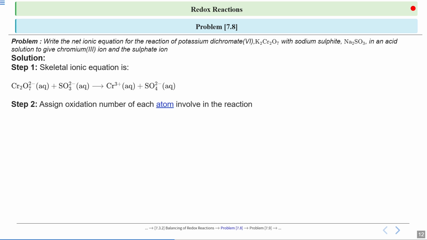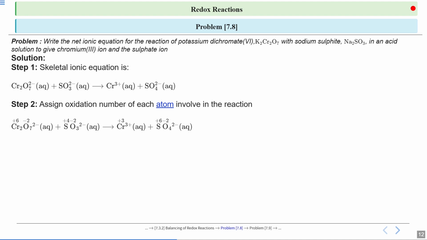Now our second step is to mention the oxidation number. So we will assign the oxidation number to each and every atom involved in the reaction. In the reactant, the chromium has the oxidation number of +6, while in the product, it has an oxidation number of +3.